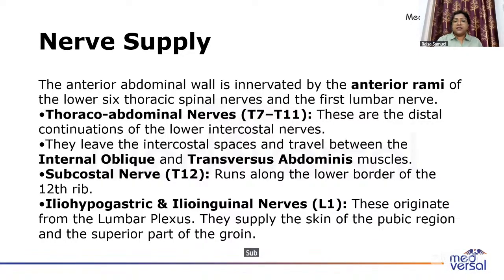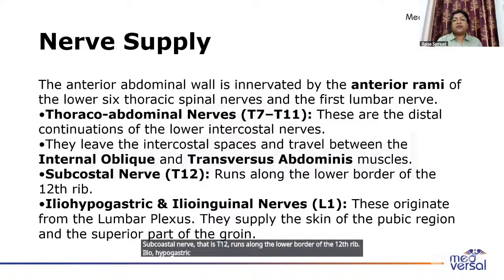The subcostal nerve, that is T12, runs along the lower border of the 12th rib. The iliohypogastric and ilioinguinal nerves, from L1, originate from the lumbar plexus. They supply the skin of the pubic region and the superior part of the groin.